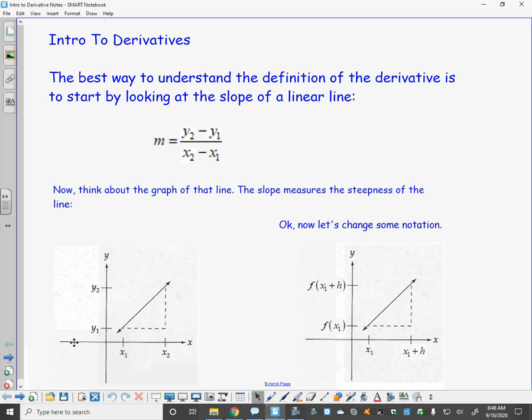So today I'm going to introduce you to derivatives. You already have seen the reason for derivatives when you were trying to pinpoint an IROC and you couldn't because you can't divide by zero.